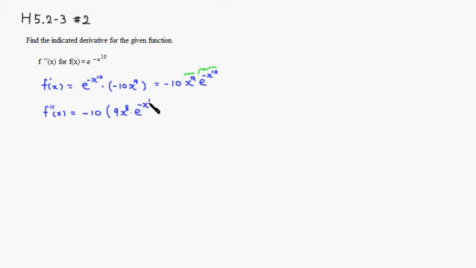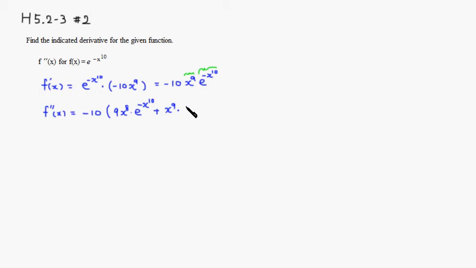x to the 10th power, plus, right, first guy is x to the 9th power times derivative of e to the negative x to the 10th power. We just did it, which is going to be exactly the same thing as that.